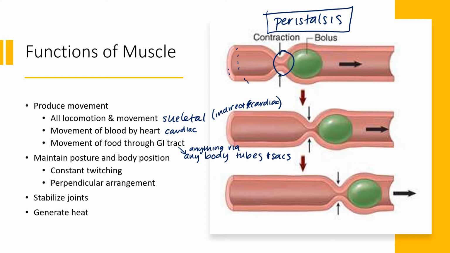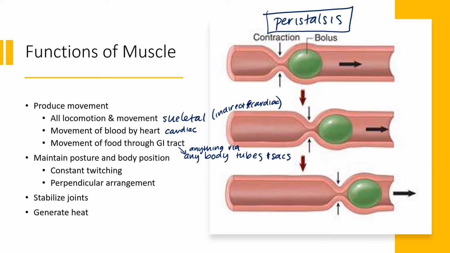Now, theoretically, that bolus, when you contract right up against it, could move forward down the length of the tube or backwards, right? If it's just pinching in the middle of this bolus, it could go either way. So your smooth muscle does another thing where it shortens.